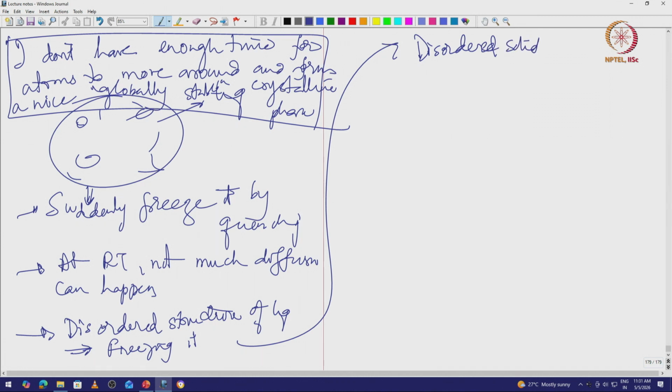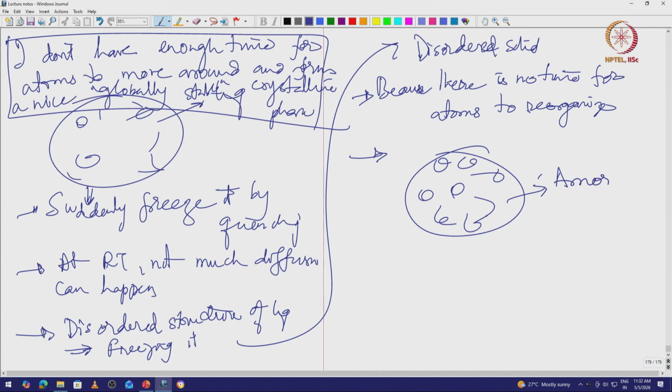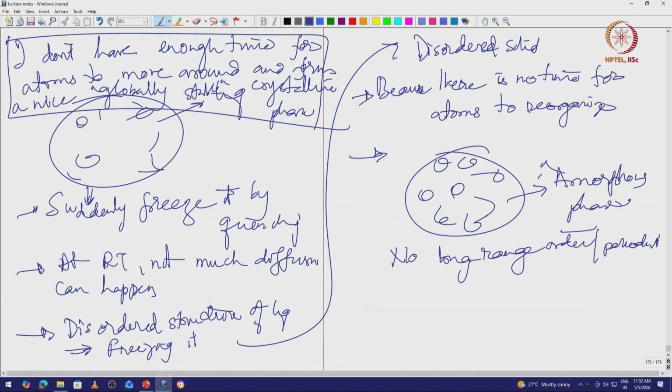Some properties like viscosity increase, but it does not have enough time to reorganize itself, because there is no time for atoms to reorganize. And as a result, what I get is what is called an amorphous phase. It is a disordered phase, there is no crystallinity, no long range order, no periodicity.